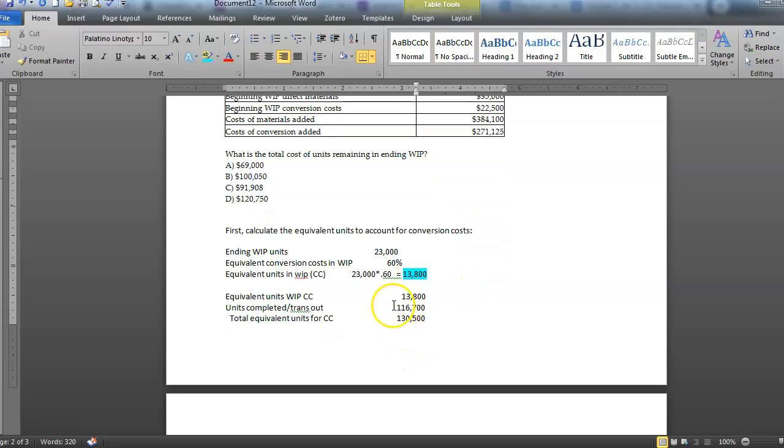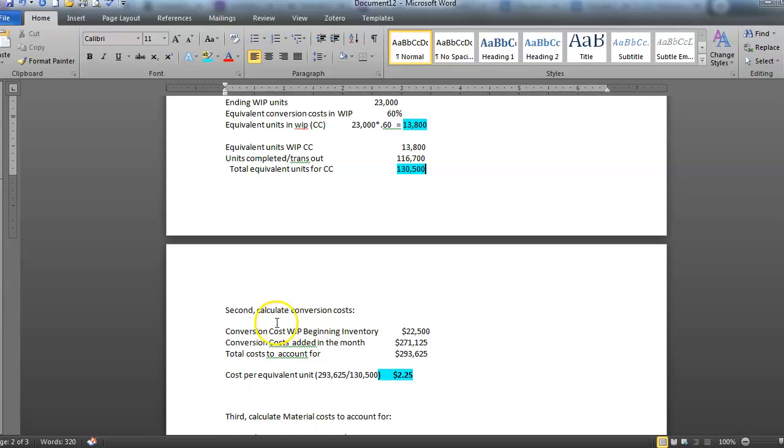So taking these two numbers together, we come to our total equivalent units for conversion costs, the 13,800, which we've calculated here, and the completed units transferred out. So our number here now is 130,500. And again, we're going to compute these numbers and we'll use them later.